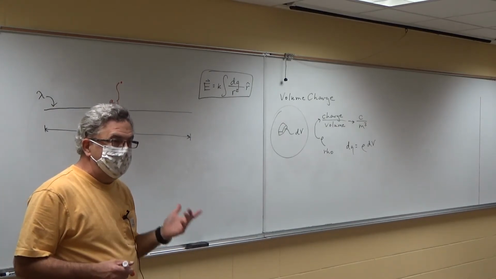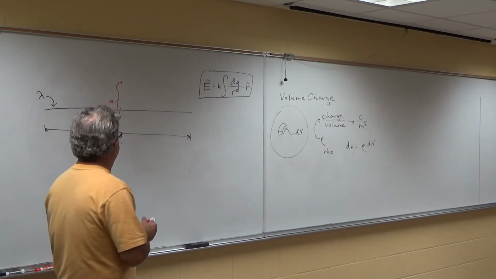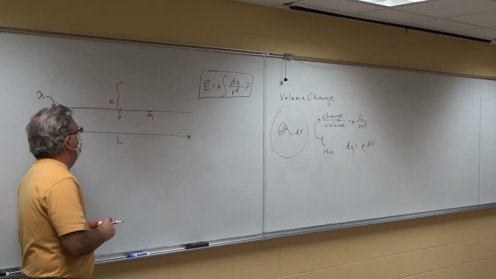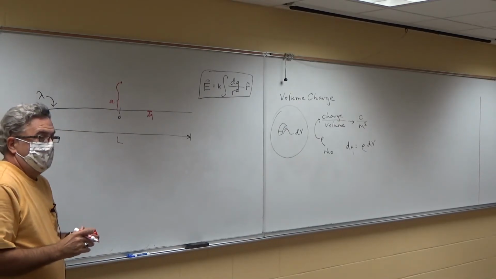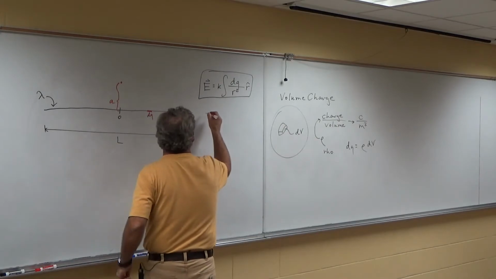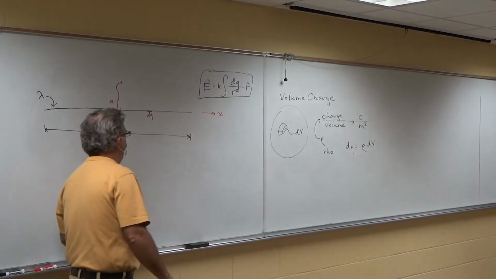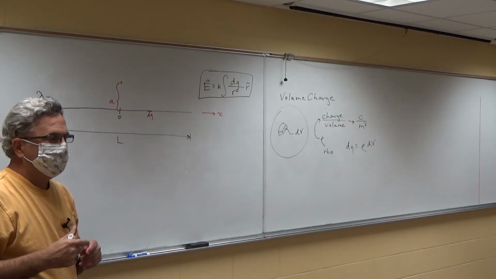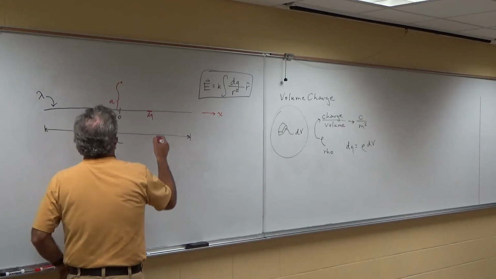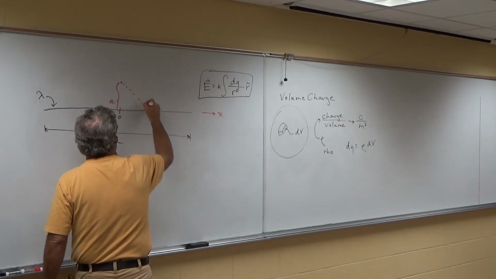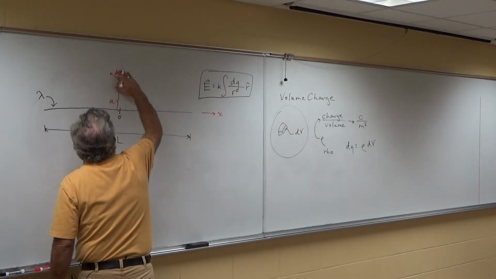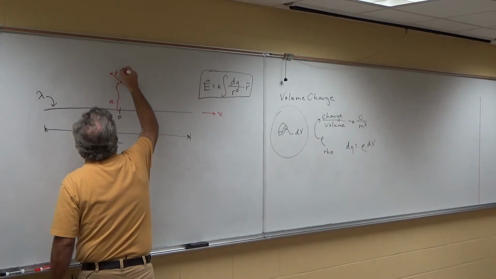Well, we break it up into little bits of dq. So here's a little bit of dq. I'm going to let it lie on the x-axis. This is the x-axis, and that's the positive direction. Now, for that little bit of dq, there is a little bit of electric field dE due to it. I know I drew it as a big vector.